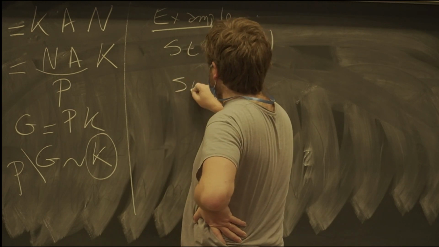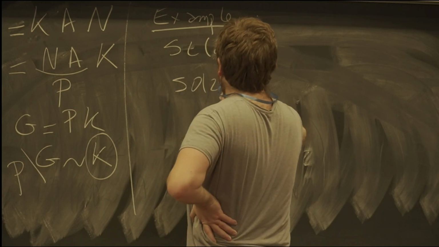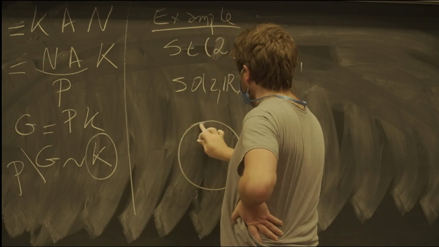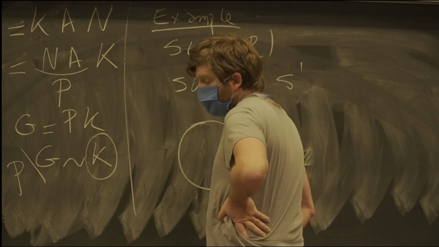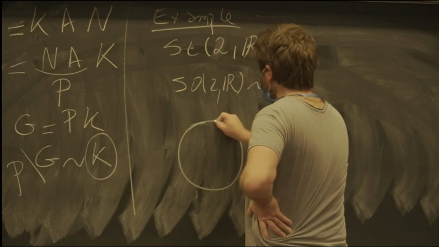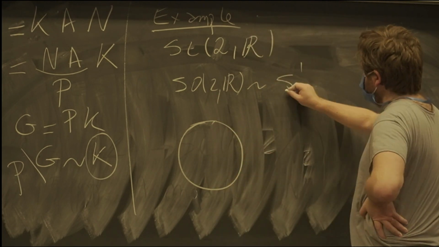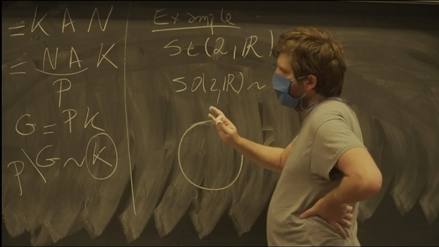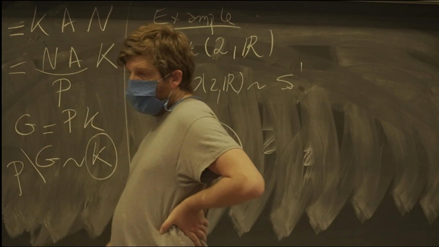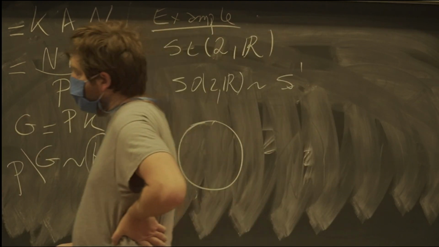The compact is SO2(R), which is the circle. It's a one-dimensional manifold, the only compact one-dimensional manifold, so this is G mod P. And before I tell you more explicitly how you can identify G mod P with this, let me tell you how this action goes.